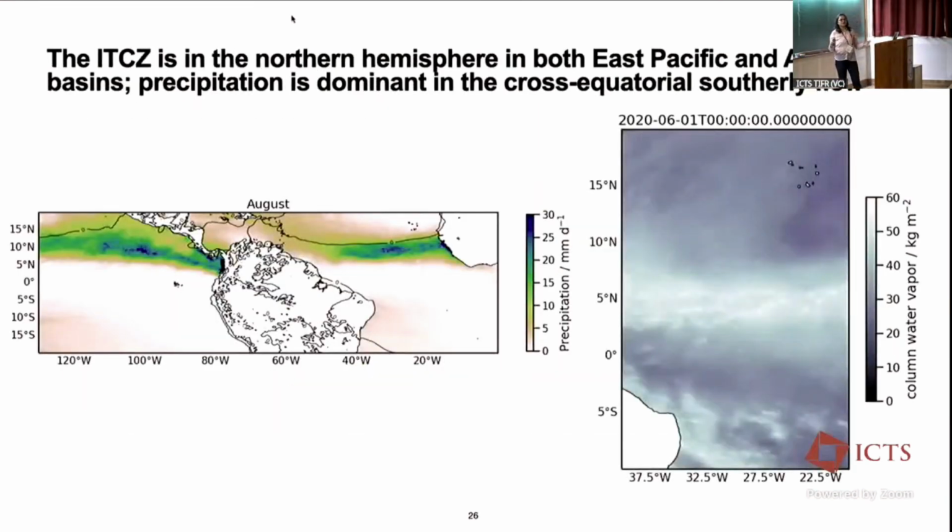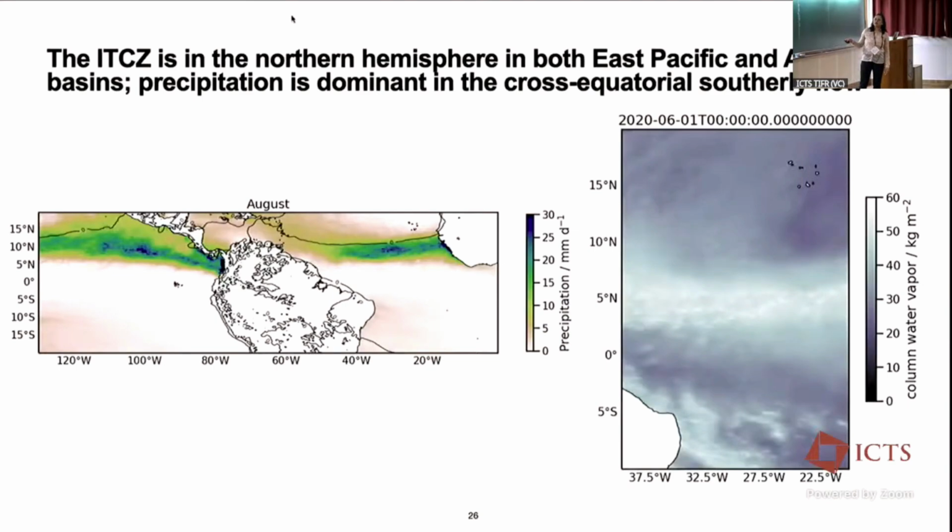There are 5 years of model data, 5 kilometer global data. I focus only on boreal summer and I composite over the 5 years of June, July, August. The first thing that I wanted to check was, is the precipitation dominant in the cross-equatorial flow, or is it equally distributed between the two trade wind regimes?